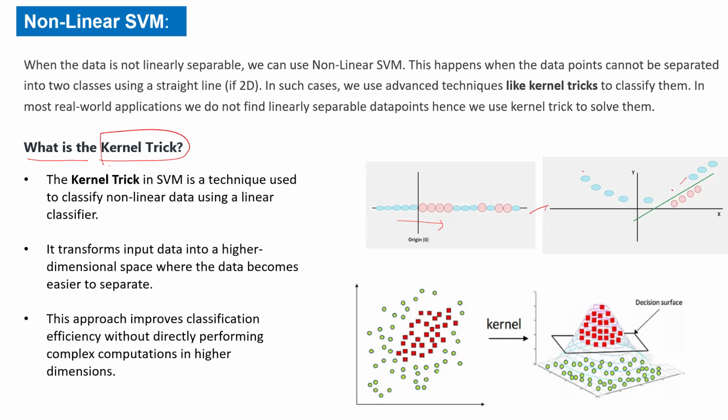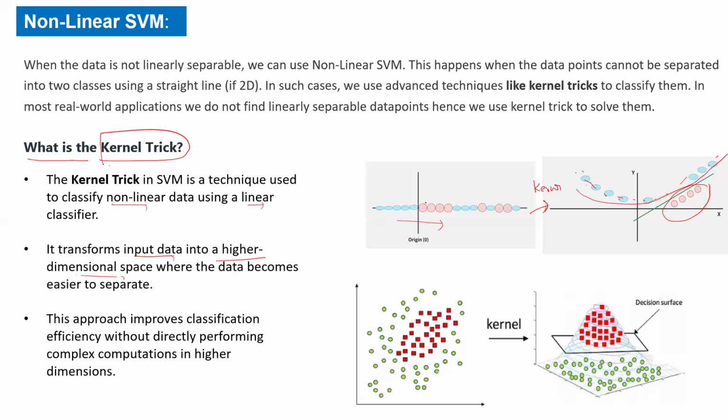It creates a path and separates them, so this is under one class and this is under another class, separated by a line. After applying this kernel trick, it will separate the non-linear data points with a linear classifier. How it does that is it transforms the input data into a higher dimensional space.